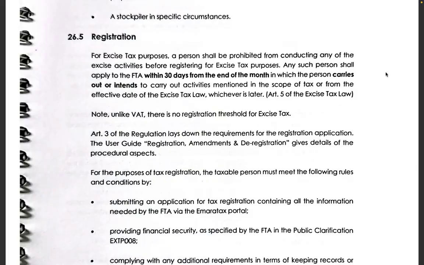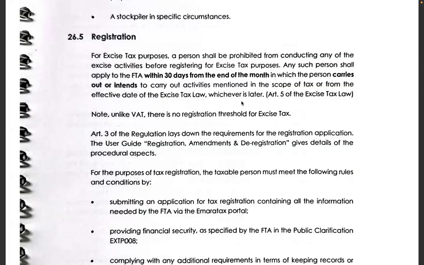Any such person shall apply to the Federal Tax Authority within 30 days from the end of the month in which the person carries out or intends to carry out activities mentioned in the scope of excise, or from the effective date of the excise tax law, whichever is later.